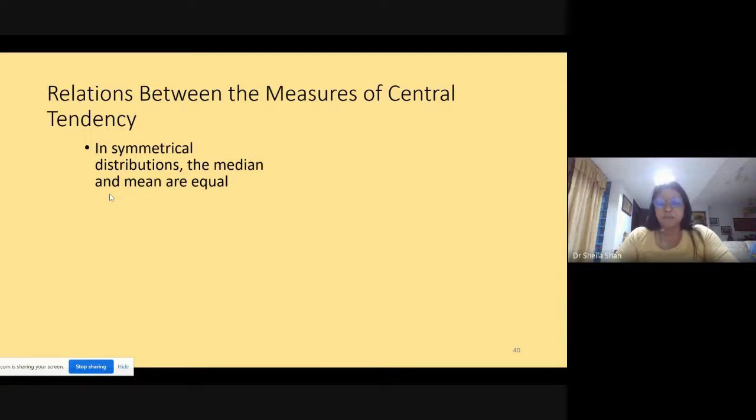So what is the relationship between the central tendency measures? Central tendency, we're talking about mode, median, and mean, these three. When the distribution is symmetrical, the median and the mean are equal. So when median and mean are equal, you get a symmetrical distribution, which is very difficult to get in a survey. For normal distribution, it means your sample is normally distributed.